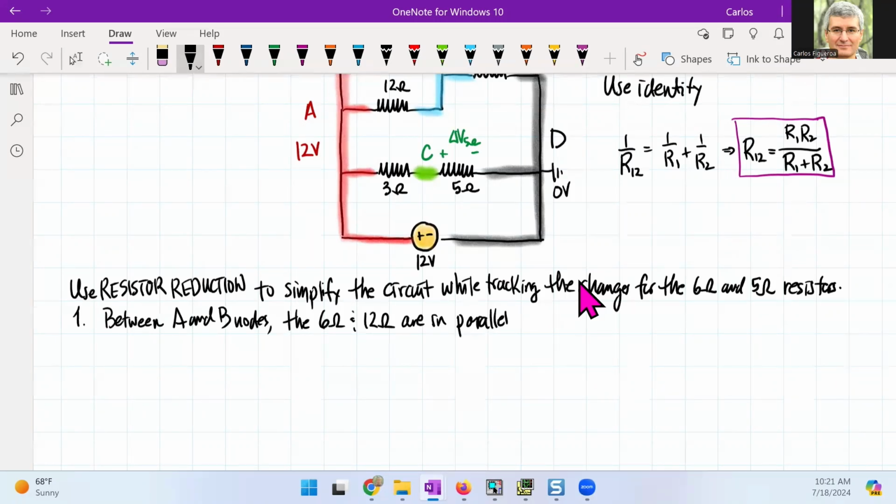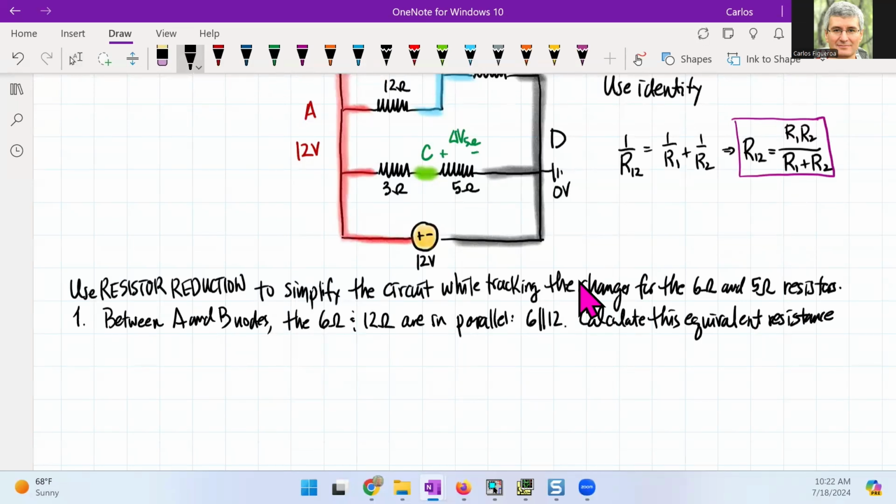The way I write this is that 6 is parallel to 12. If they're in parallel, then I calculate this equivalent resistance.